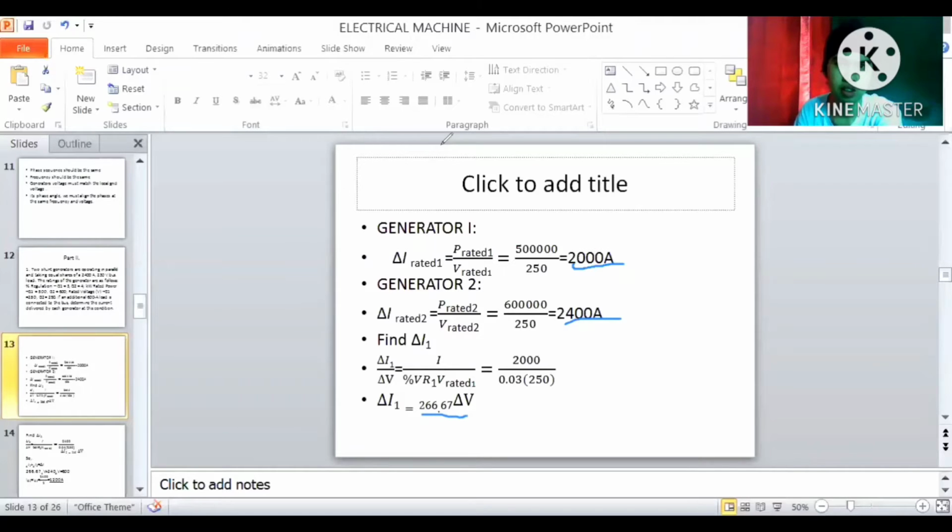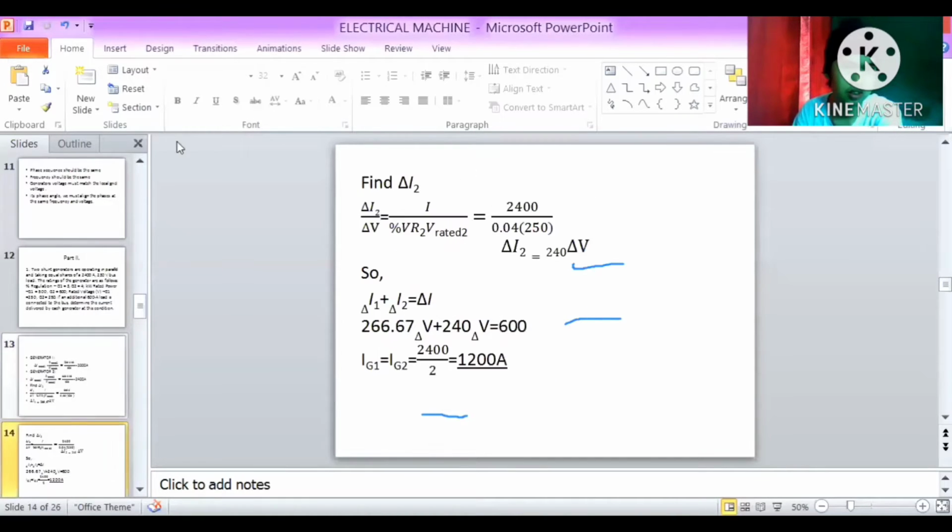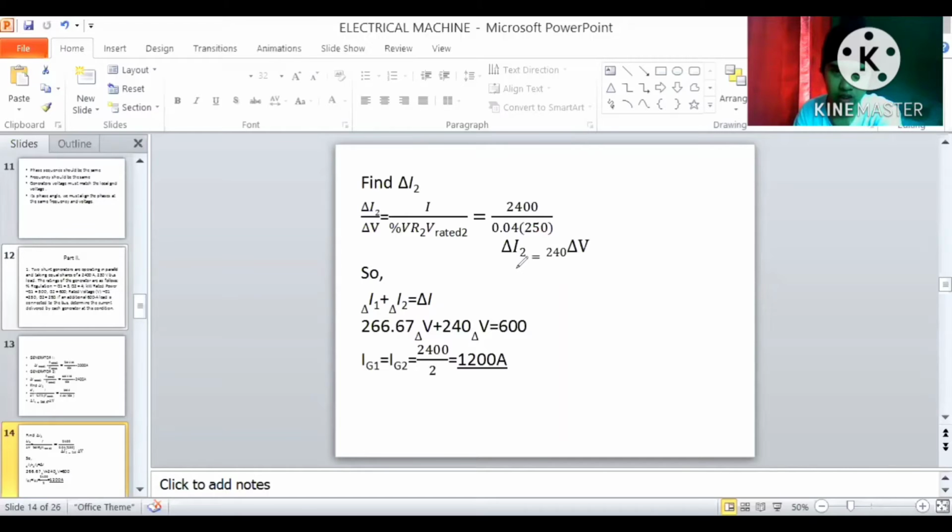Next, find delta I2. Delta I2 over delta voltage equals I rated 2 over the voltage rating times R2, which is 2,400 over 0.04 times 250. The answer is delta I2 equals 240 delta voltage.